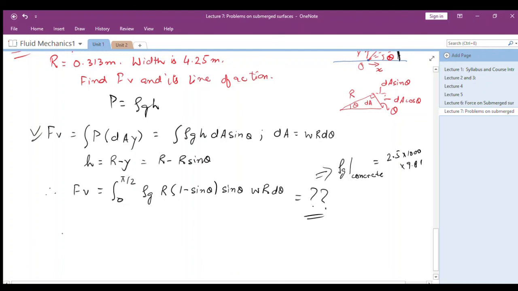The next thing which we want to find is the location of Fv. To do that, it is quite simple. Try to find the moment. So x dash Fv, we need to find this out.